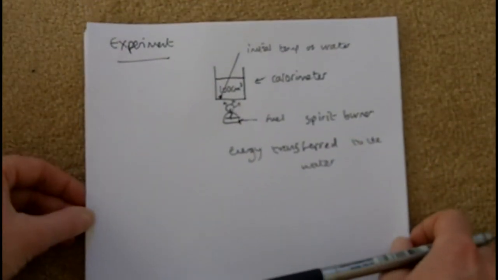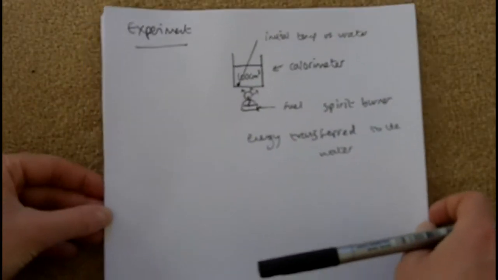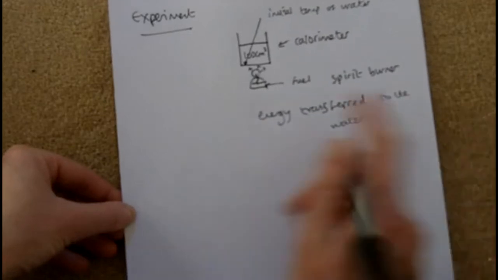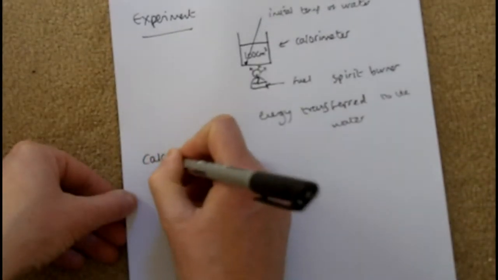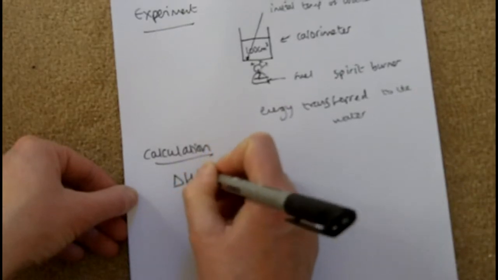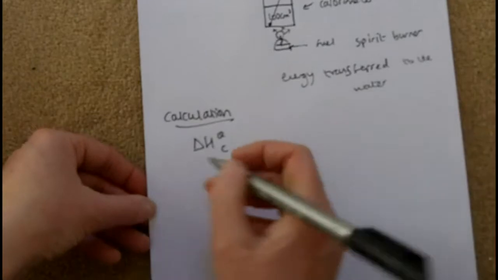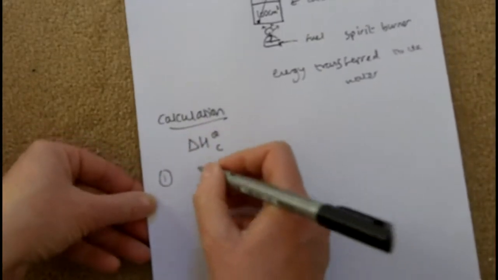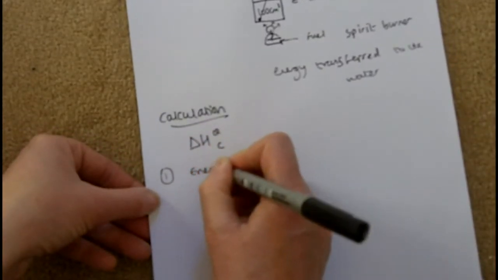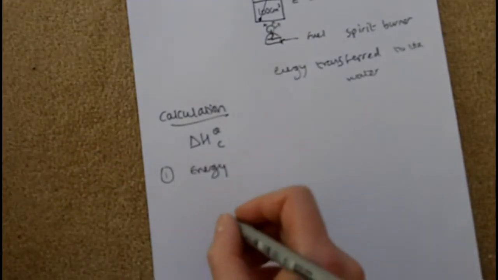So you're going to try this experiment in lesson, but this is the calculation for the standard enthalpy change of combustion. The first thing you do is calculate the energy absorbed by the water, or transferred to the water.